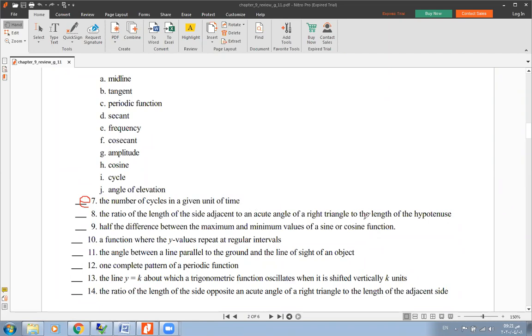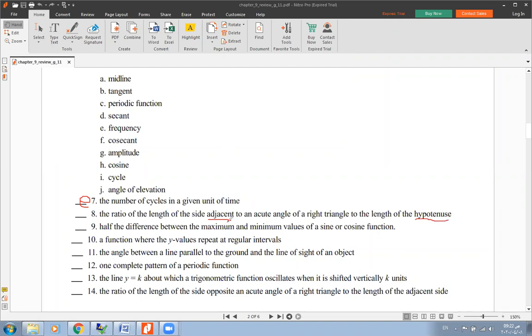We're going to the second one. Al-Walid, keep with me, please. The ratio of the length of the side adjacent to an acute angle of a right triangle to the length of the hypotenuse. So I need the ratio between the adjacent and the hypotenuse.